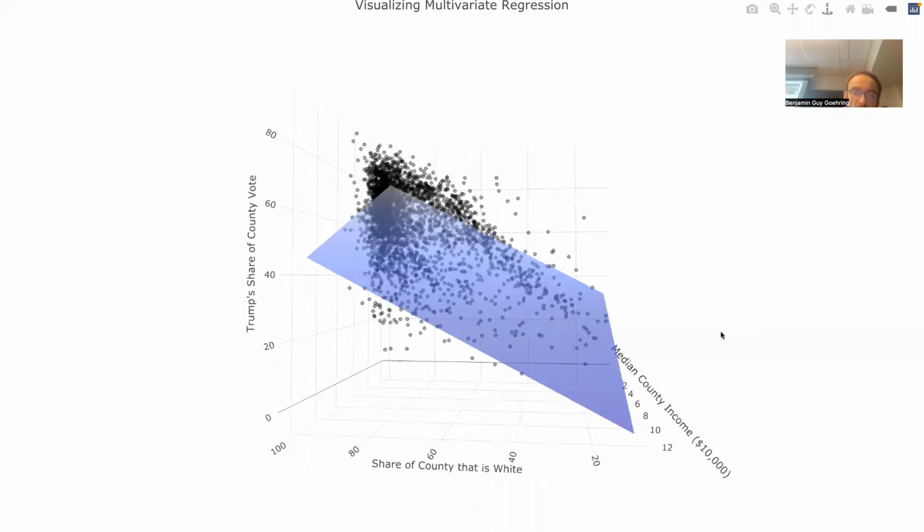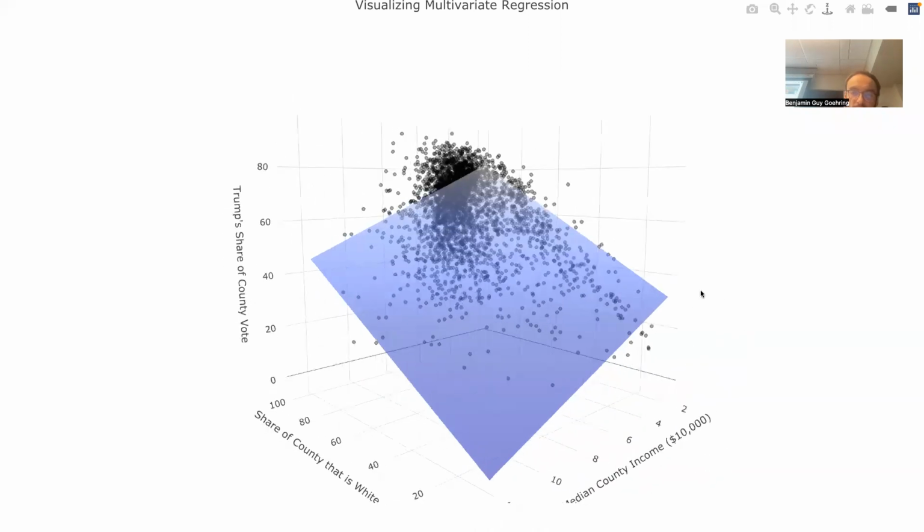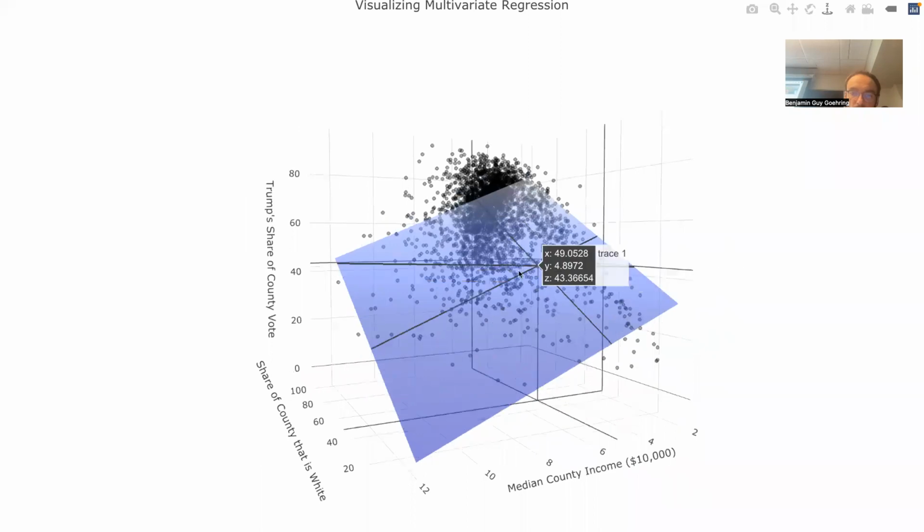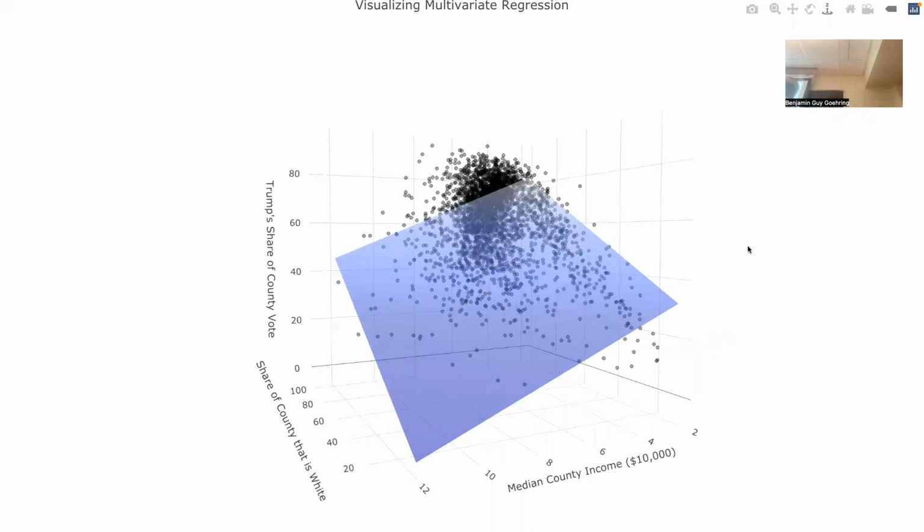But what we've done is we've plotted these in 3-dimensional space. So each one of these points is a county. That county has, let's say, a median income of $60,000, and it's 60% white, and it supports Trump 75% of the time.